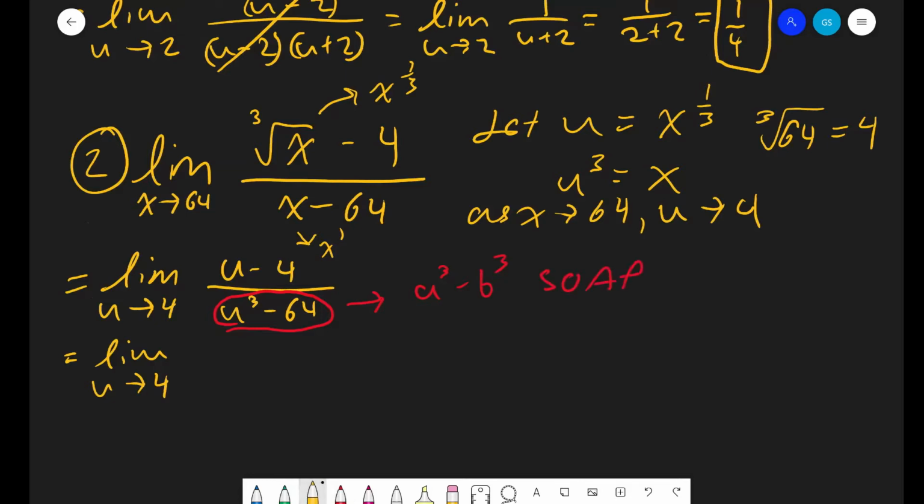So here's what that looks like. SOAP means same, opposite, always positive, and that's referring to the signs. So let's start with the denominator first. So we would have u minus 4, because we're trying to factor u cubed minus 64. Then we would have u squared, right? If you've forgotten the formula, it's a minus b, a squared plus ab plus b squared.